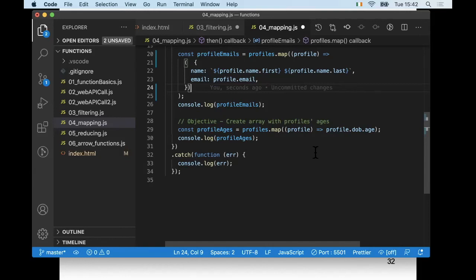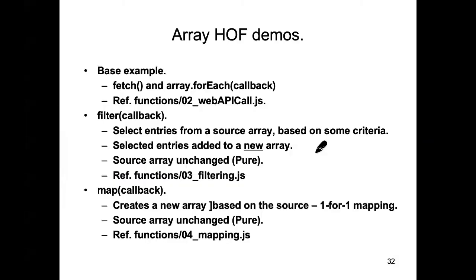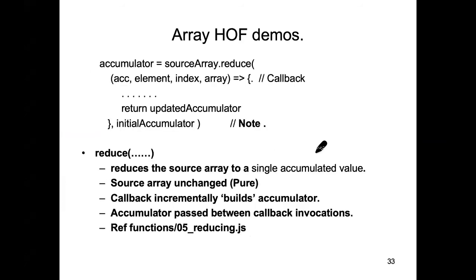That's map. Then the last one is slightly out of character in comparison to the two that we've looked at so far, and it's this higher order function called reduce. Reduce takes a callback and it takes a second argument as well. The high level objective of reduce is to compute some sort of accumulation over an array, to compute an accumulator.